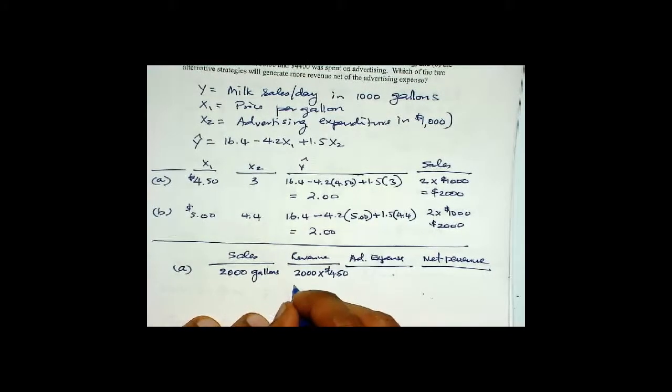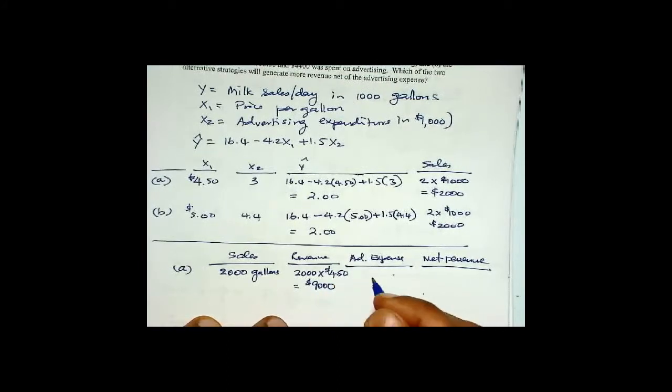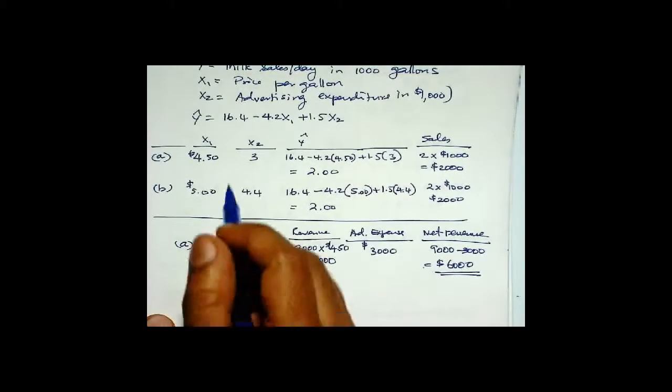So revenue is 2,000 times $4.50, which will give us $9,000 in revenue. This time the advertising expense is $3,000. So 9,000 minus 3,000 will give you $6,000 net revenue, net of advertising expense, for scenario A.